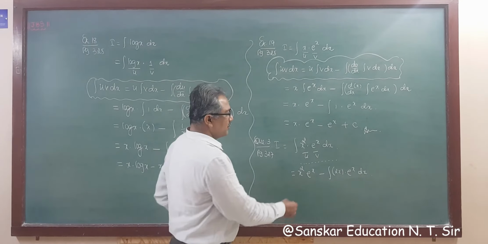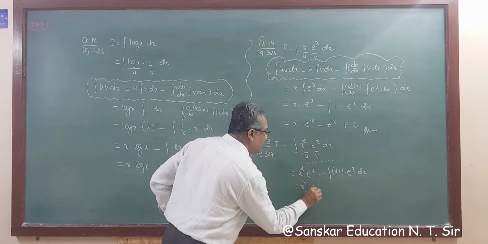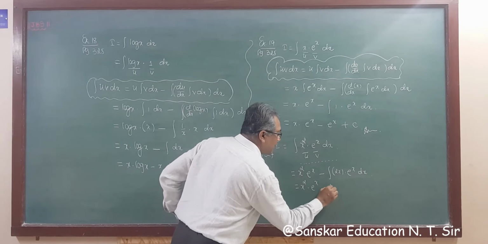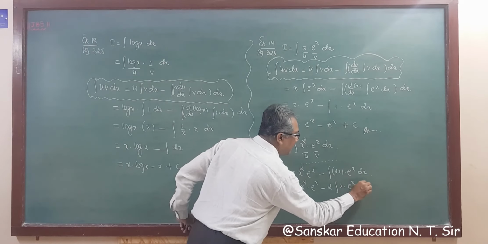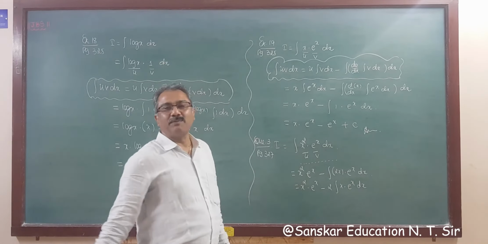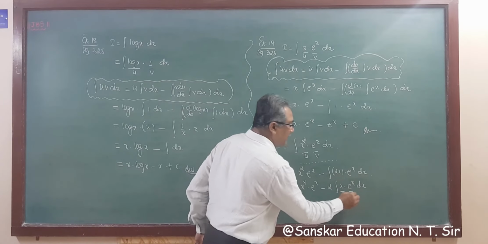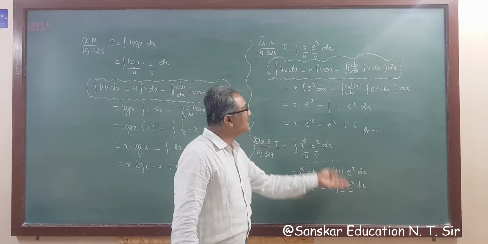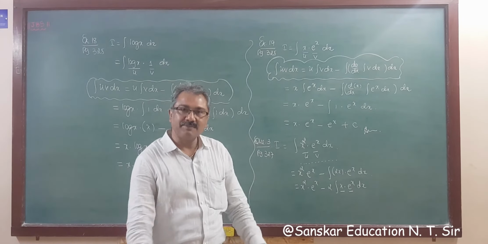Okay, so now 2 is constant. So this is x square into e raised to x minus 2 times integration of x into e raised to x dx. So again the problem, we are not able to integrate this. This is u into v, and this is a repetition of this question. So you have to apply integration by parts again.